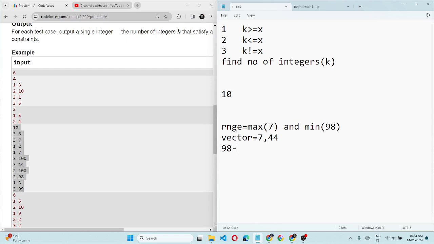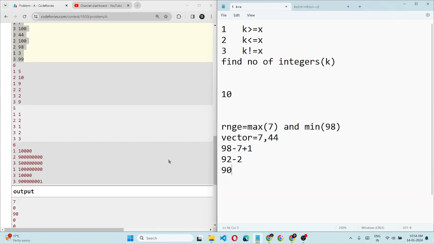That would be 98 minus 7 plus 1. I've added 1 so that 7 is also included, right? So that would be 92. Now I'll subtract the two numbers who should not be in this range, so the answer is 90. Yep, the answer is 90 here.